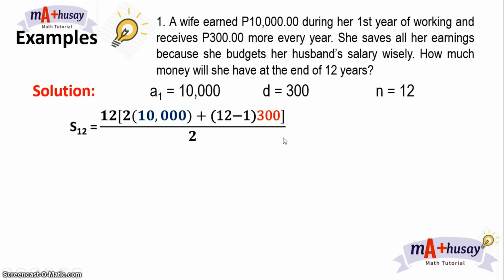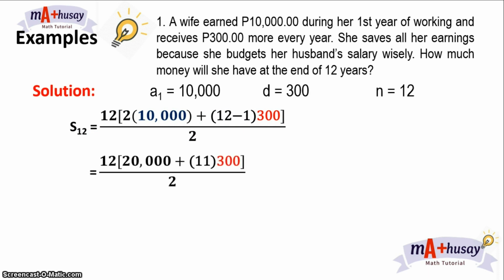So we have to simplify first the expression inside the parentheses. So we have 12 times 20,000 plus 11, because 2 times 10,000 is 20,000, right? That's because you have 12 minus 1 times 300, all over 2.